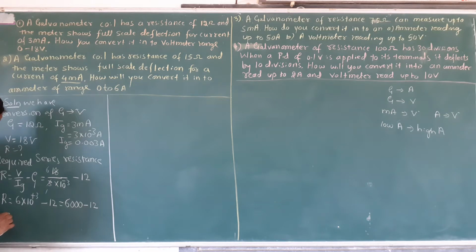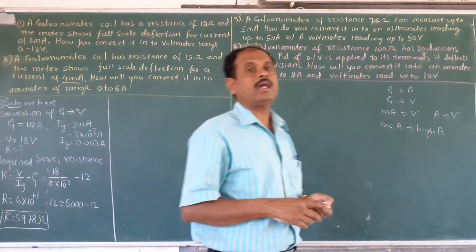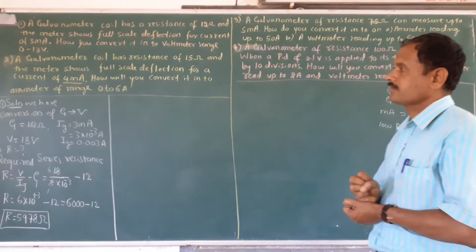The answer will be 5978 ohm. This is the required series resistance for the conversion of the galvanometer into a voltmeter.